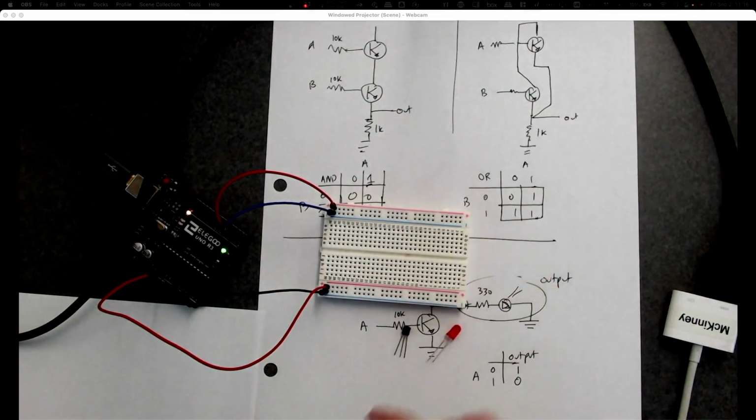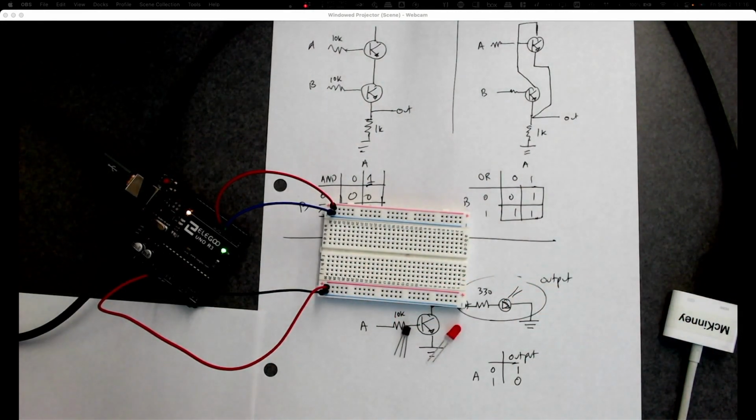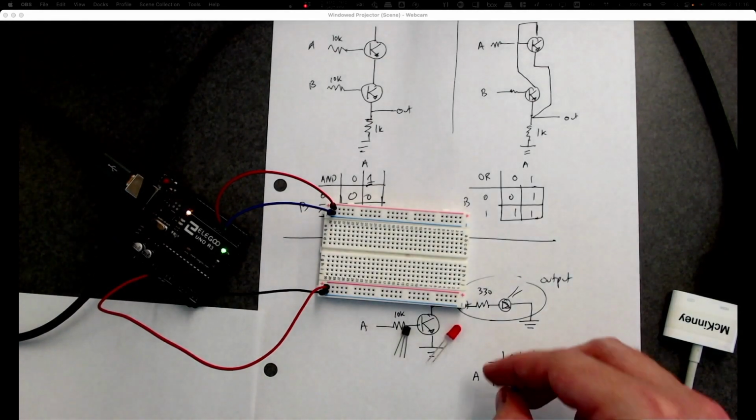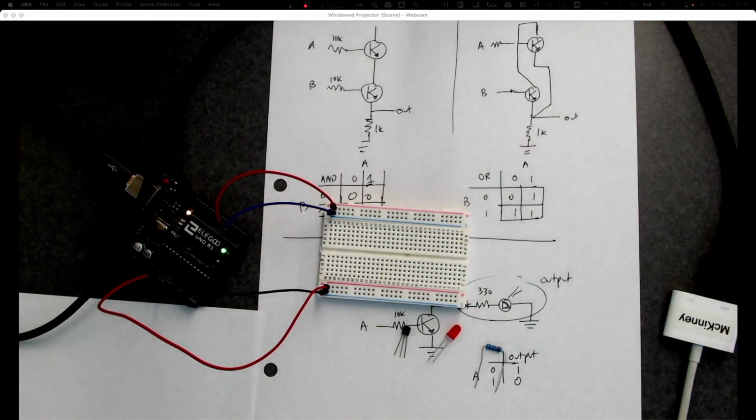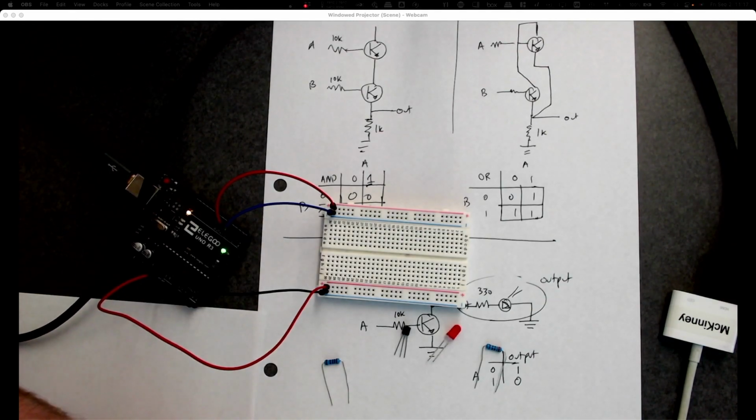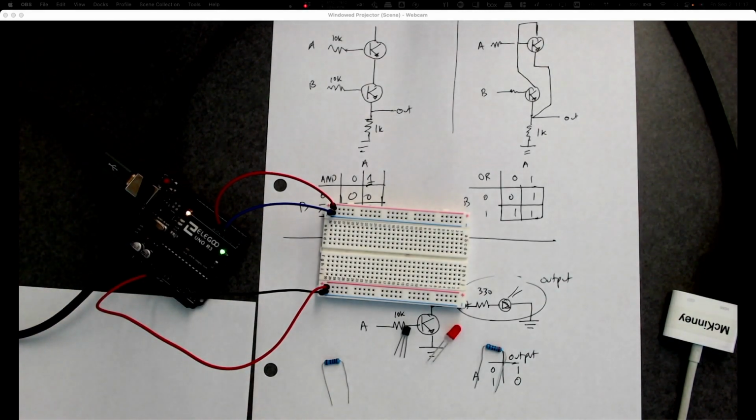Okay, I've got my LED. I've got my 10K resistor and my 330 resistor. And then I need my 1K resistor, which is this one. Okay, so I've got all the pieces I need, I think, yeah.